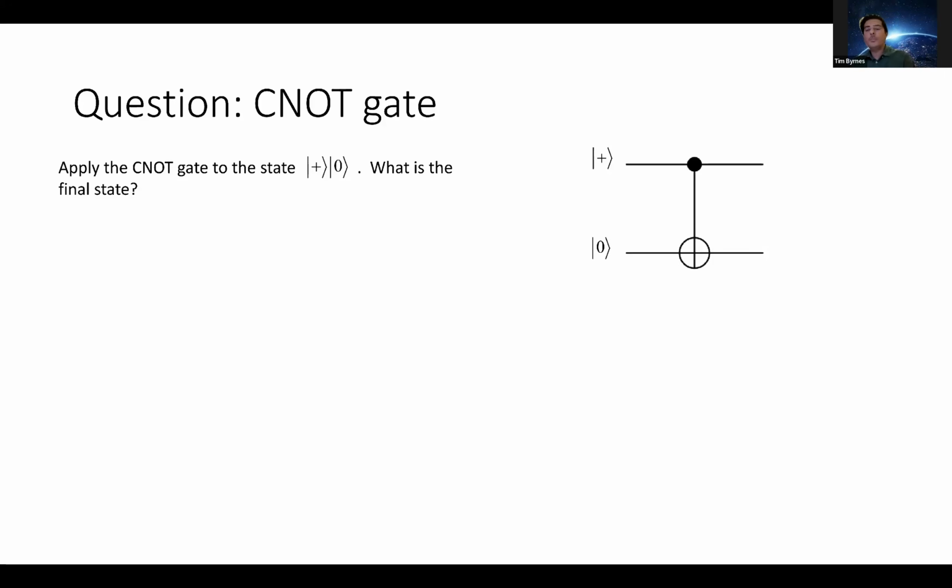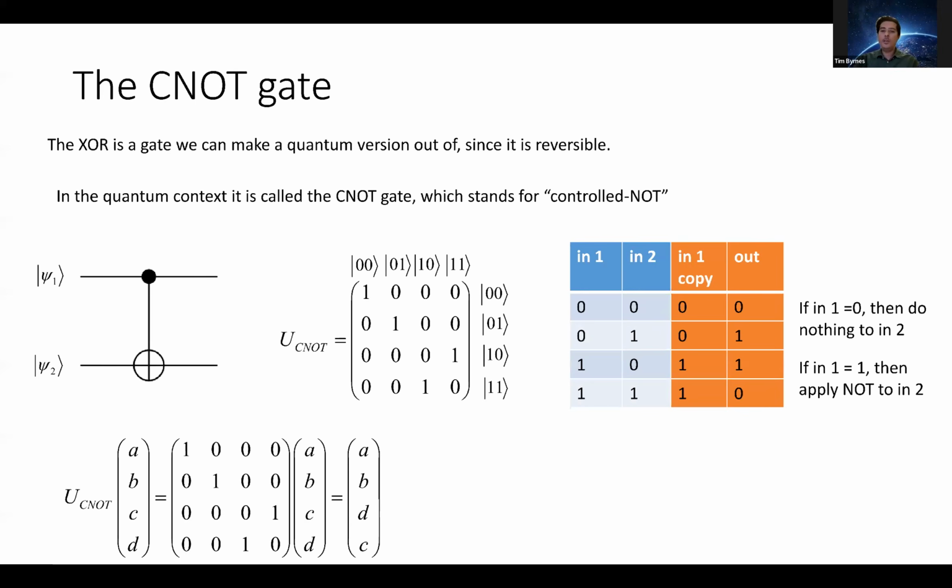I'll give you a minute or two to work that out. Maybe I'll put it on this slide so that you have the definitions there. The state that we're going to work on is plus and 0, okay?